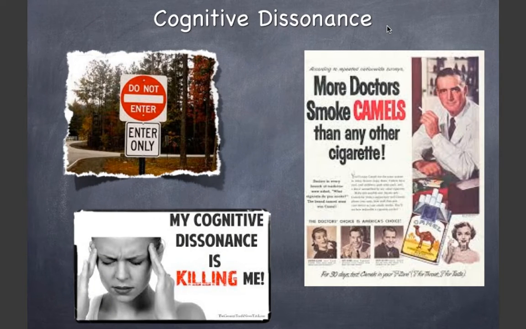Now, a term that's coined in social psychology is what's called cognitive dissonance. Now, cognitive dissonance is the unpleasant state that occurs when people become aware of inconsistencies between their attitudes or between their attitudes and their behavior. So if I carry 2 separate beliefs or attitudes, or my attitude about something and my behavior about that same thing are different, that's what's cognitive dissonance.